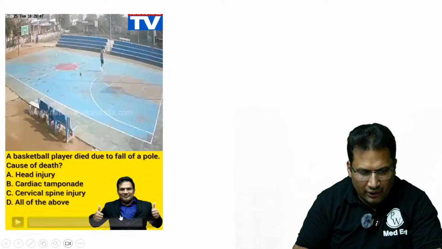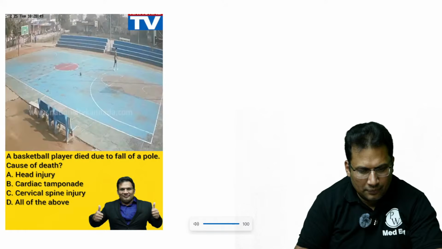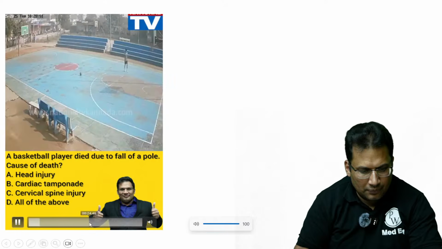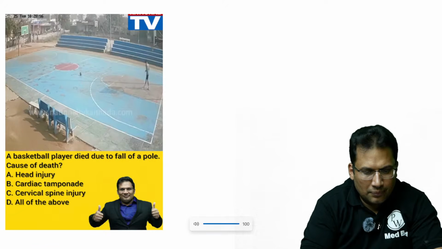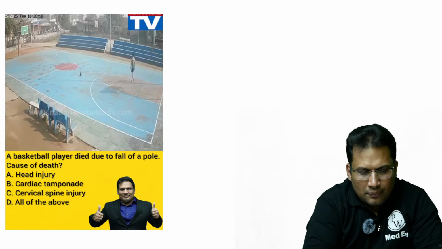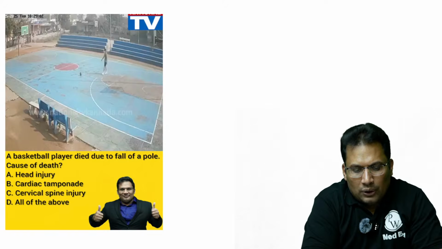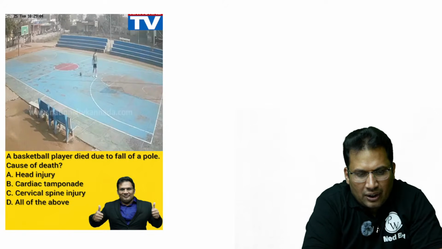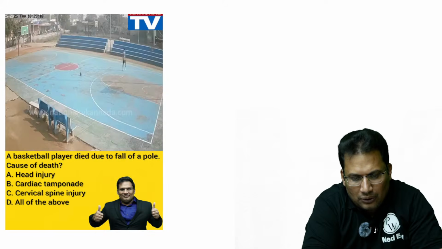Now look at this and try to answer. A basketball player died due to fall of a pole. Cause of death is head injury, cardiac tamponade, cervical spine injury, and all the above. Look at this video.